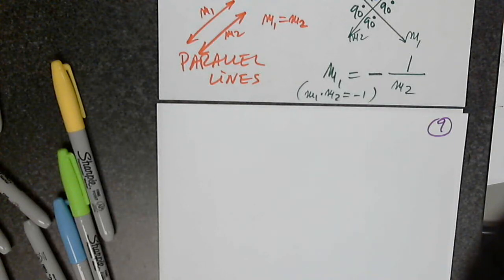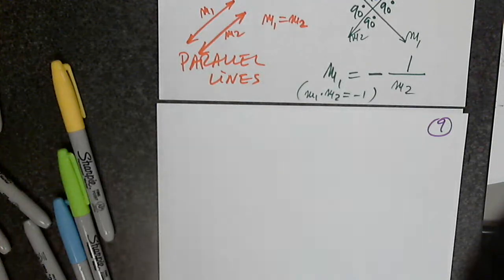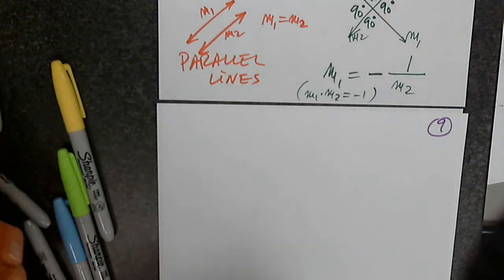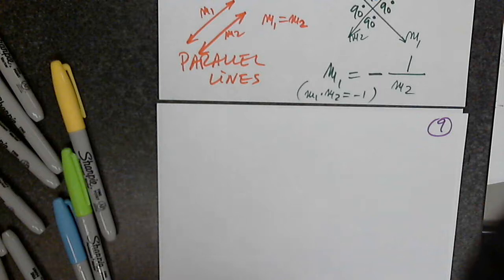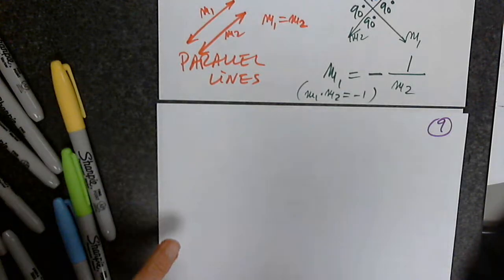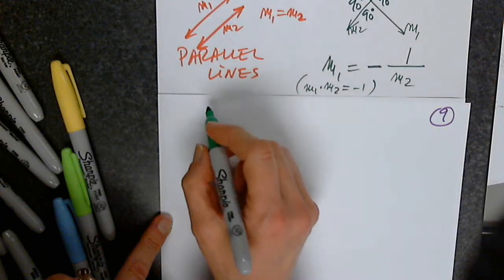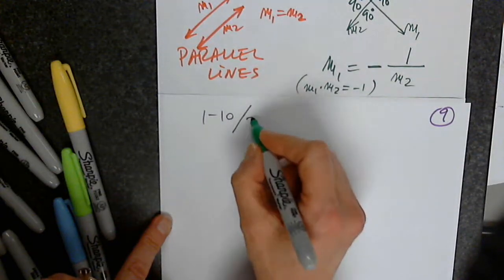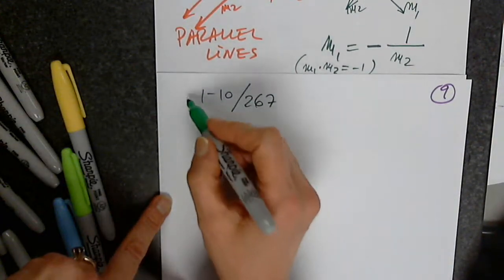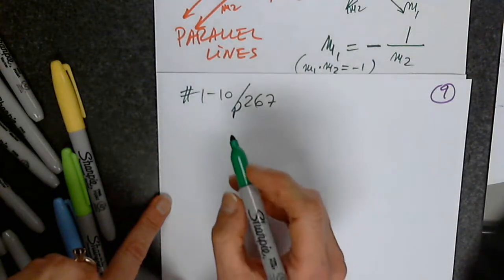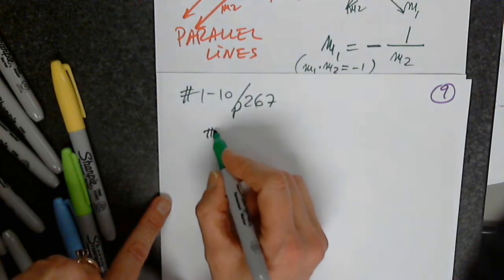On page 267, I don't really see what I'm interested in. So, oh, I do. 1 through 10, I'm sorry. 1 through 10 on page 267. So, let's say number 4.